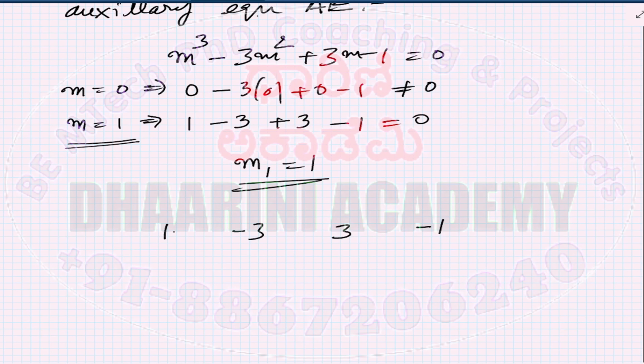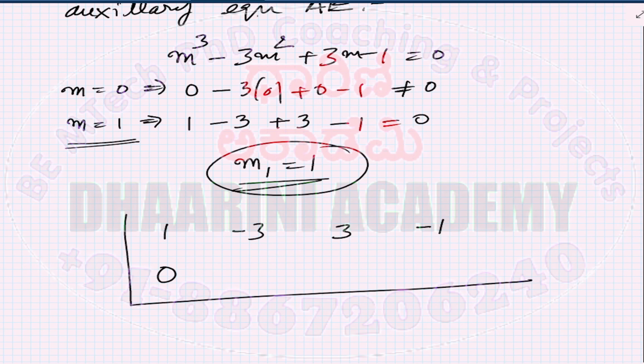Then always below your first number, that is 1 in this case, you write a 0. You start with 0. Whatever is your m1, you write on this side. This is m1 equal to 1. Standard procedure, always you write this way.